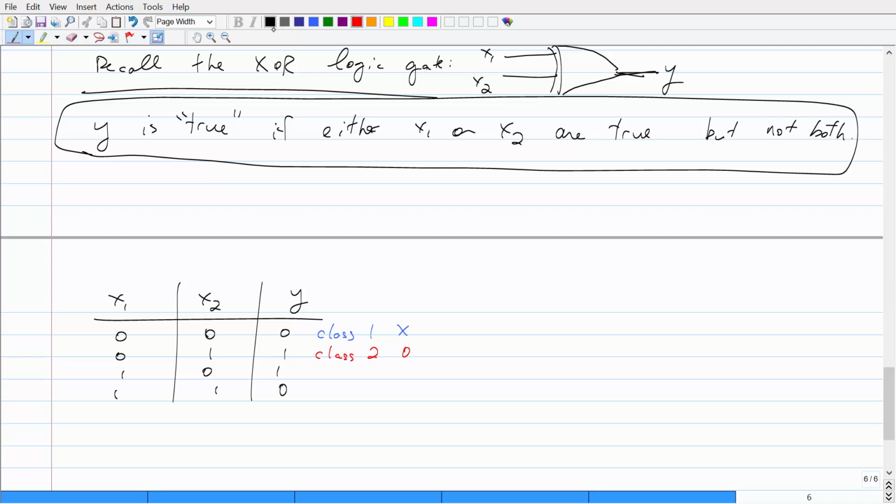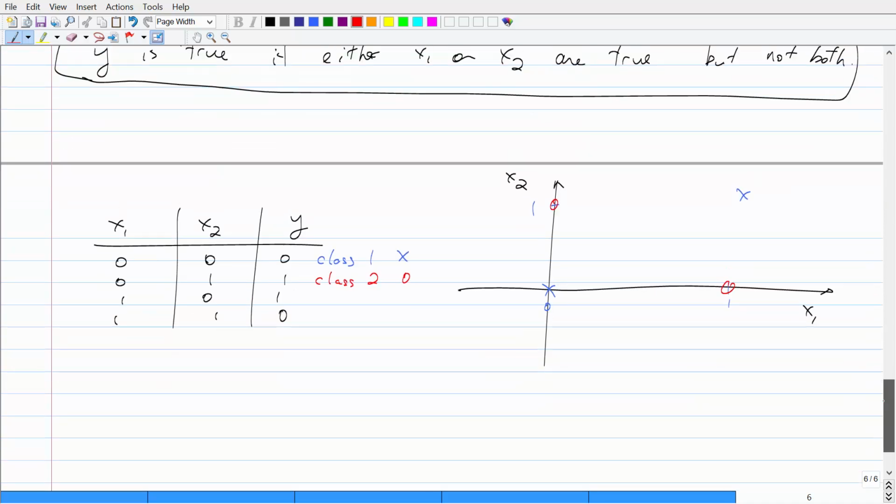Okay, so if I were to plot them onto a 2D plane, here's X1 and this is X2, all right? And then if I plot these points, class 1 and class 2 are here. This is 0 and 1, and then I have class 2, okay? So far we've talked about decision boundaries, the best line to separate between these two classes.